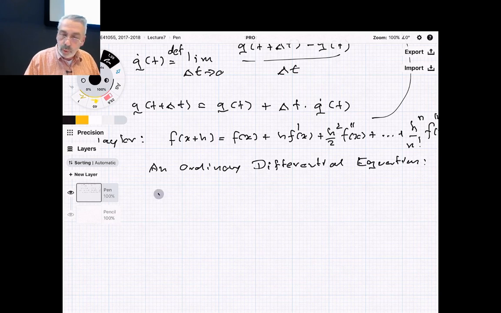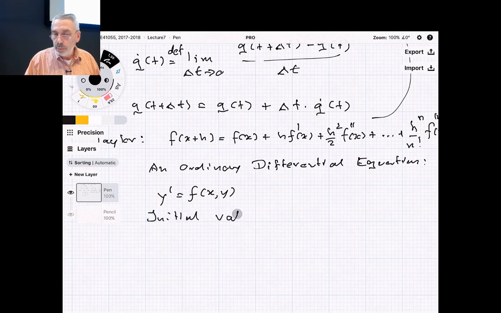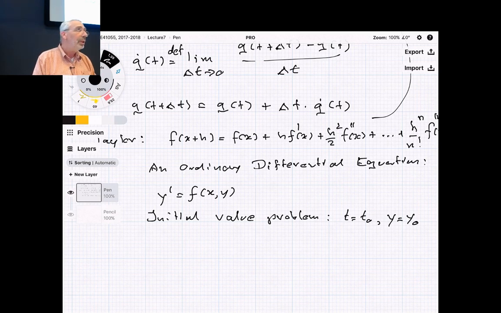They say y prime is a function of x and y, and then they make an initial value problem out of it, because they say, well, we do know what the initial values are, and we want to know all the other values in time. So the initial value problem is: at t is t0, I know that y is y0. You give some initial conditions, and then you say this is the differential equation.